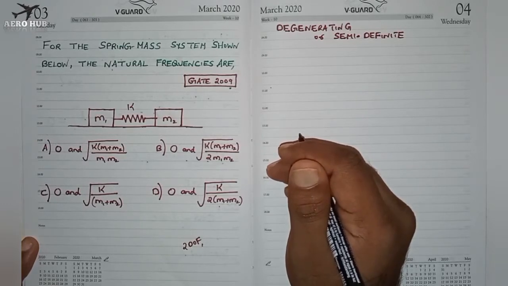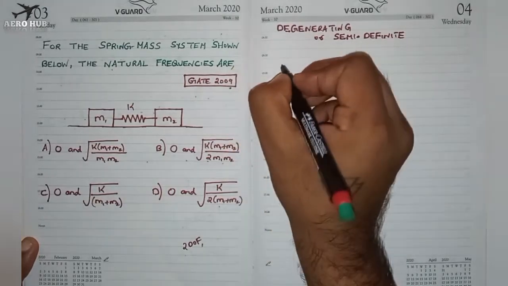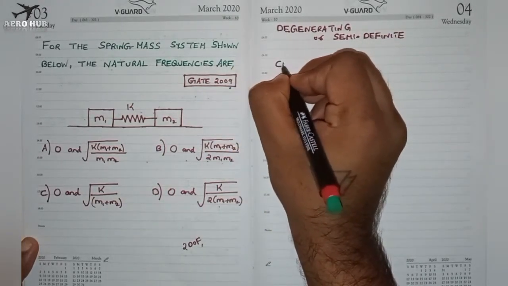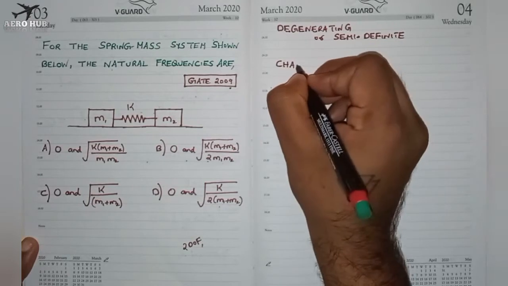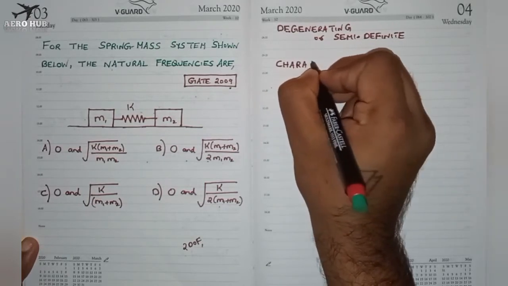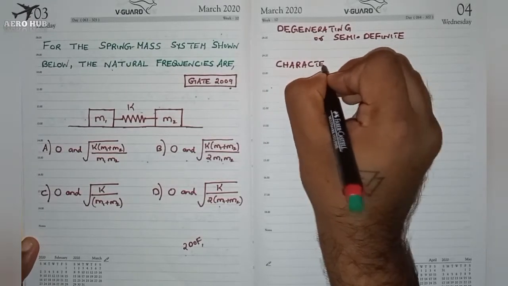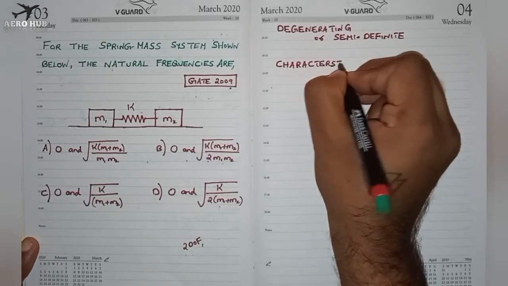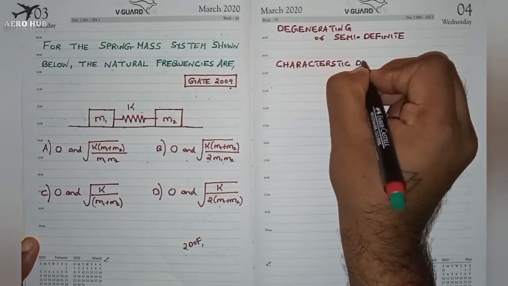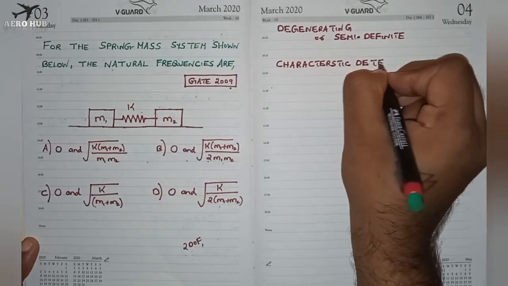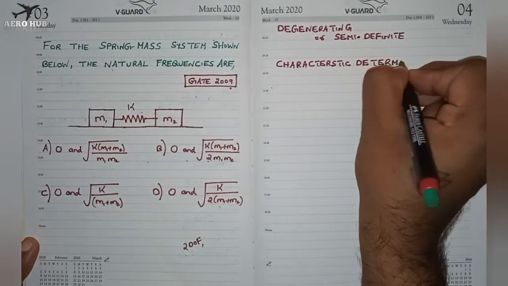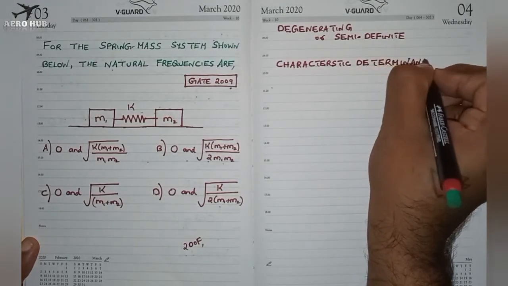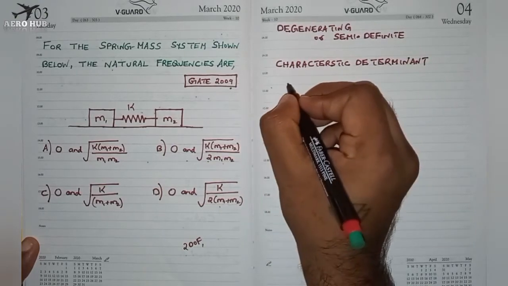To obtain the natural frequency of a 2 degrees of freedom system, not two dimensional, we have to use the characteristic equation. From the characteristic determinant we will find the characteristic equation, and from the characteristic equation we will find the natural frequency of the given 2 degrees of freedom system.